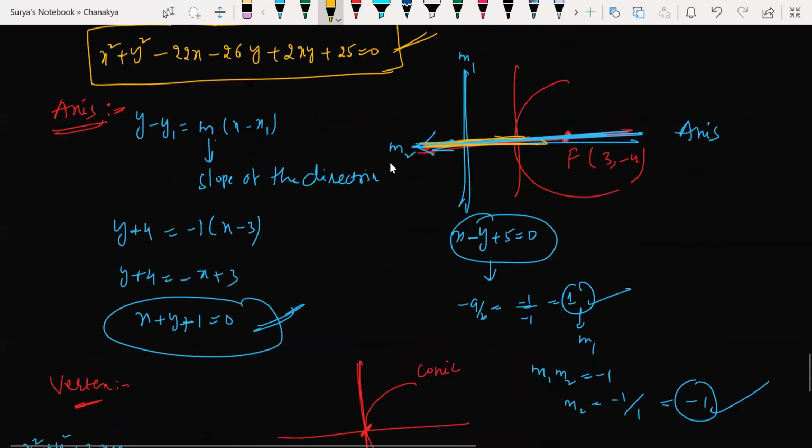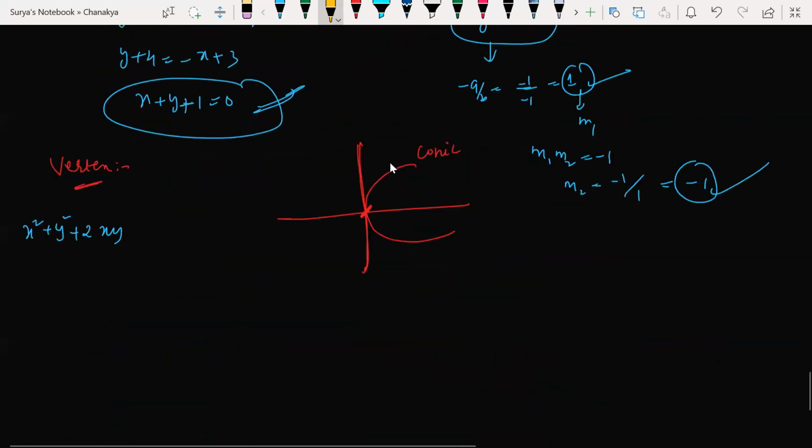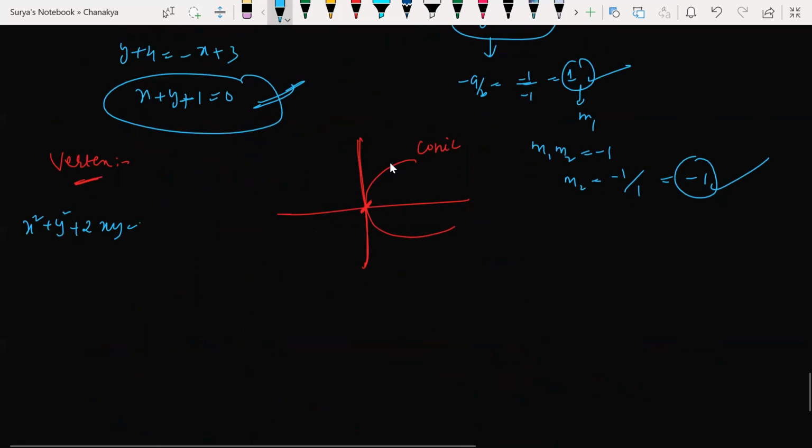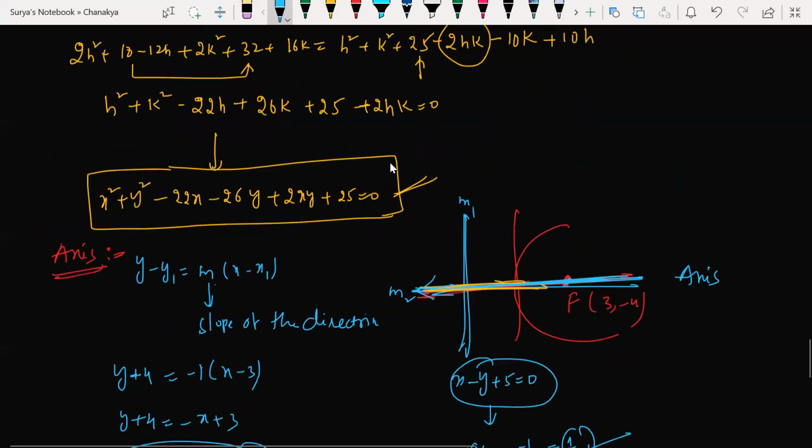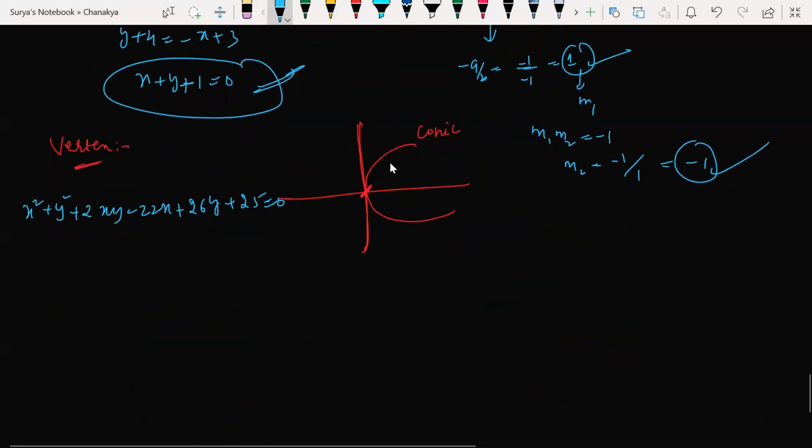So x square plus 2xy minus 22x minus 26y plus 25 is equal to 0. This was the conic equation. Yes or no? Right. Perfect. This conic equation passes through what, beta?